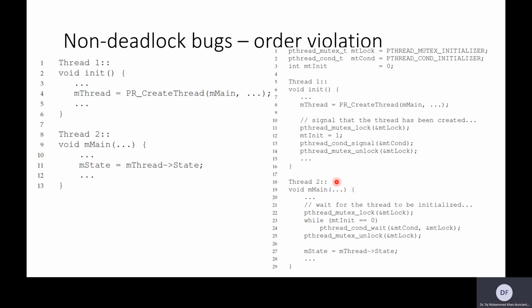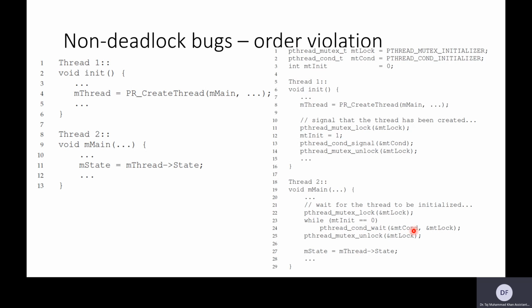The main thread, if it runs before the value has been assigned to m_thread, will check that m_init is 0, which means m_thread has not been initialized yet. So it will wait for this condition variable.